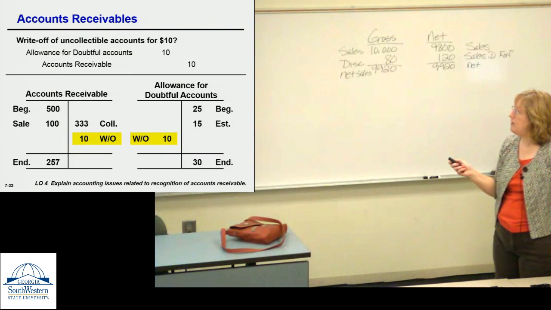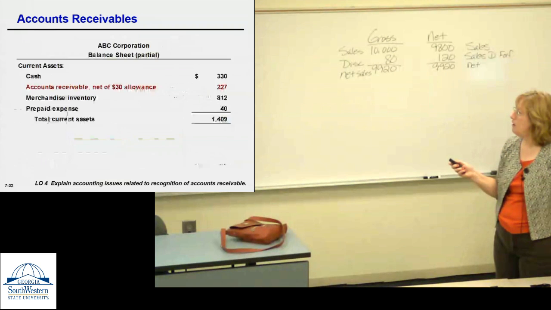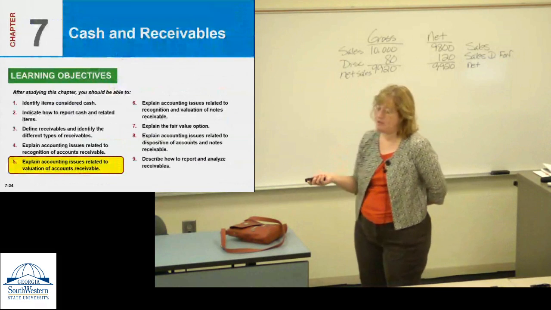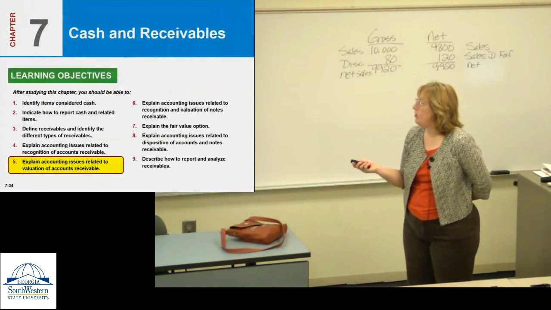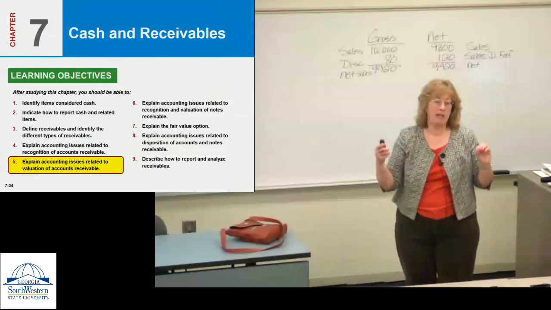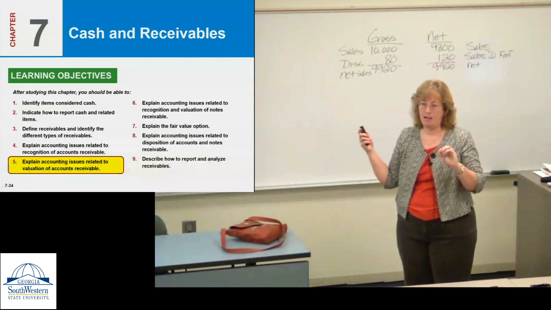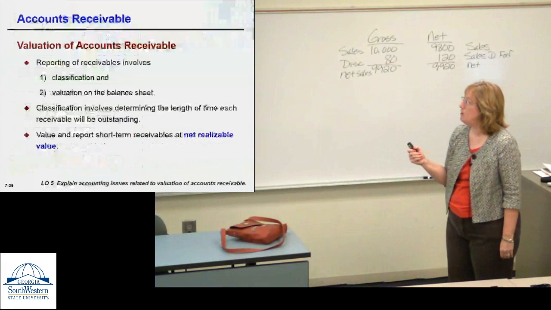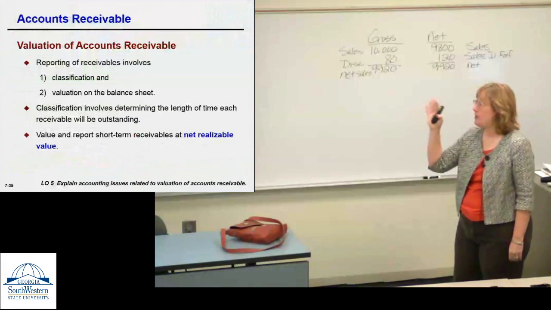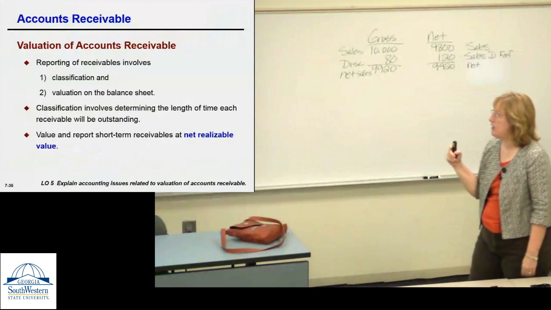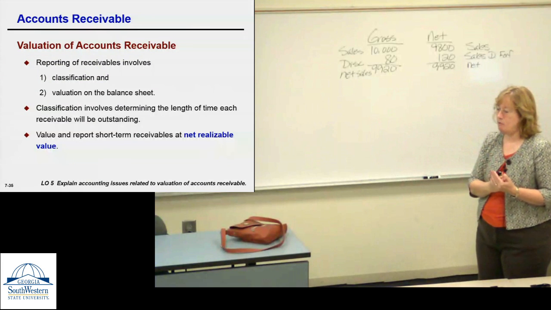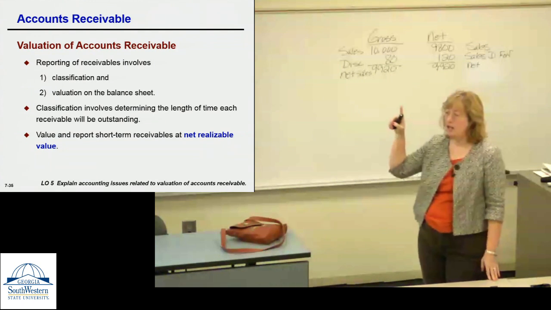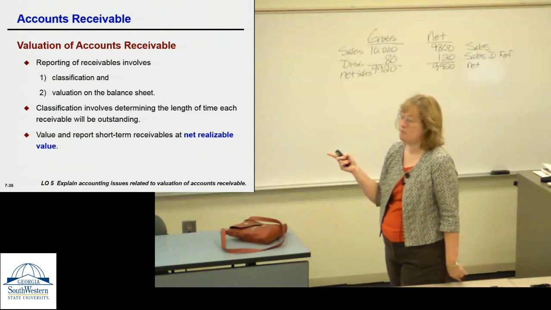All right, so now we are going to look at this next section where we are going to see how we came up with the estimate for the allowance account, okay? Well, first, just to summarize, the things that we're focusing on here are classification of accounts receivable and the valuation. So the valuation is what we're about to talk about now.